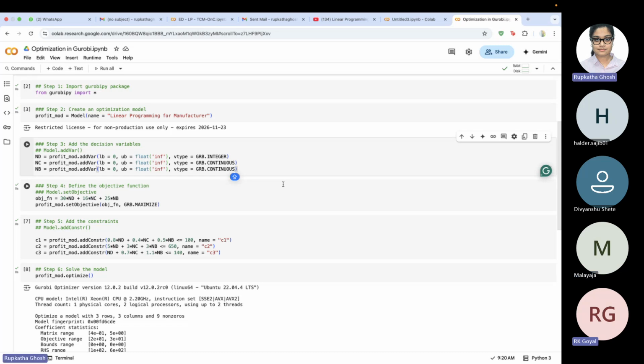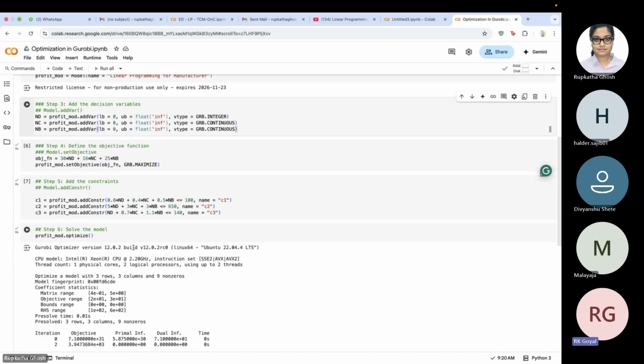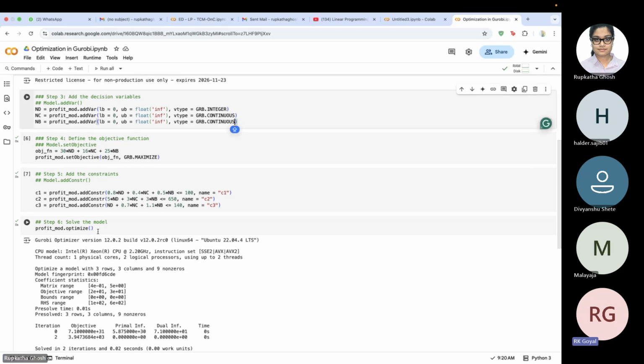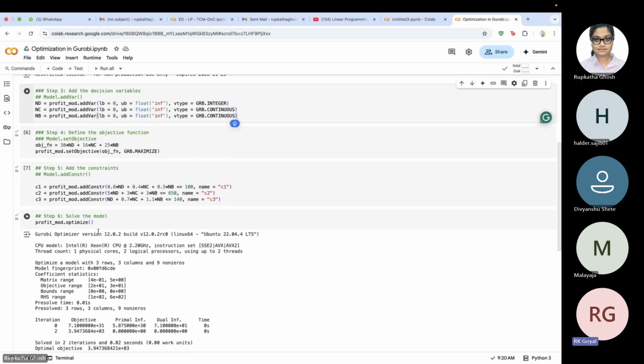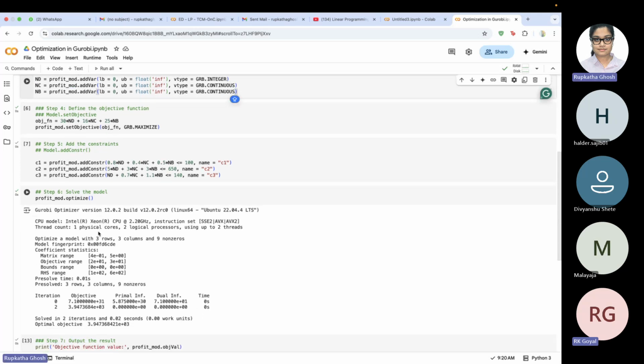Then in cell number 8, wherein you are optimizing or solving the model, do we have the liberty to select the optimizer, or do we have some option to know which optimizer was used in the background for solving this? You can always do that. I'm not really sure about Gurobi. In Gurobi there is not any particular solver as such; it automatically takes up what kind of solver it will use based on your model.